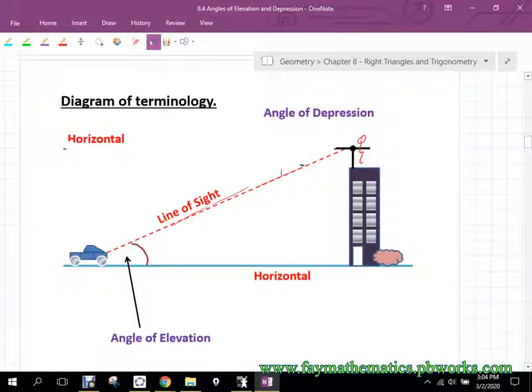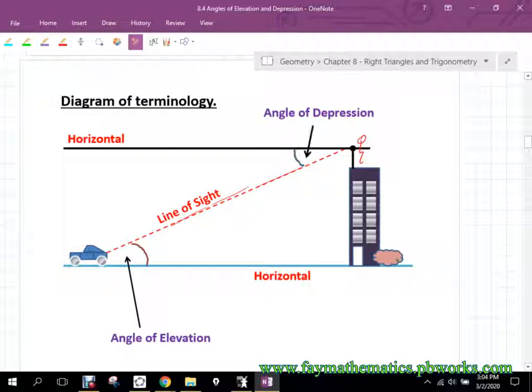Well, I don't have a horizontal here. You have to draw one in. All horizontals are parallel, okay? So the angle created by this horizontal and my line of sight, what would you say that it is compared to that one right there? Alternate interior. So your line of sight is a transversal.